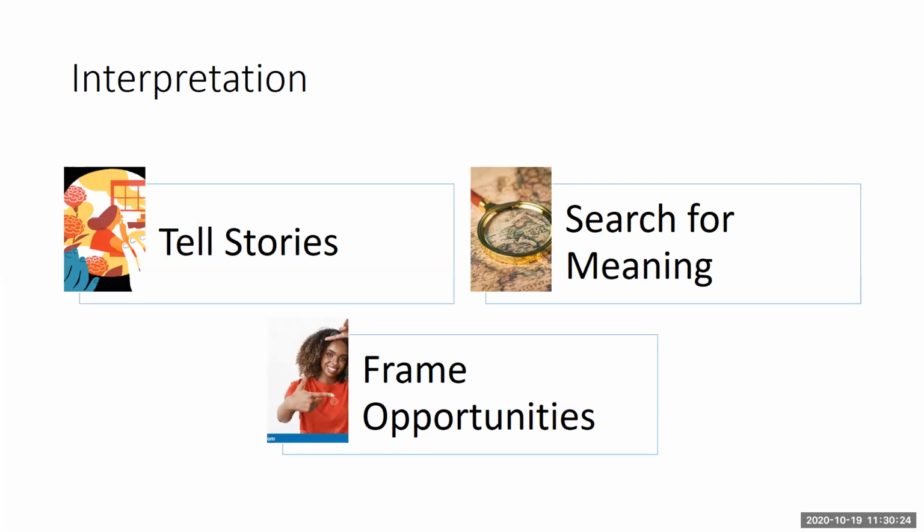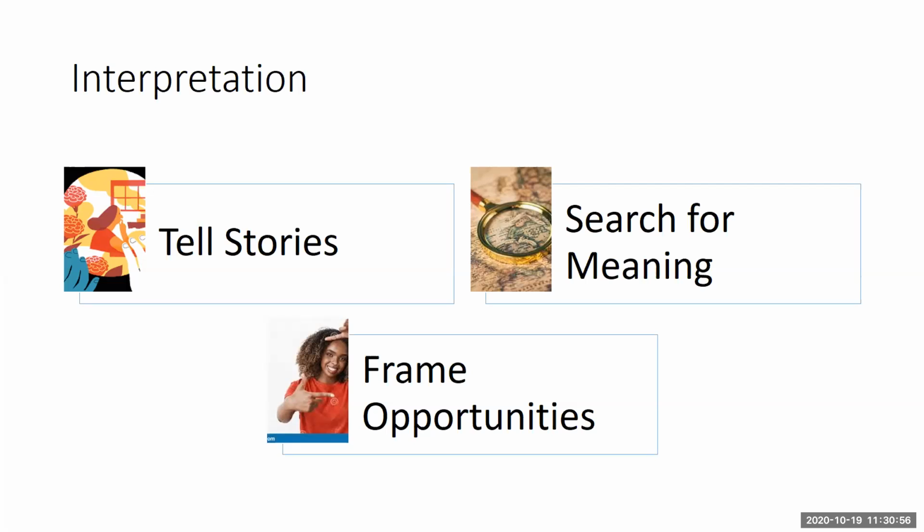Maybe it's that math instruction is not ideal, and you've looked into your local data and you've figured out who that math instruction is working for, who it's not working for, in what ways. You've read some research about math instruction. You've maybe visited another school that solved a problem around math instruction, and you've done empathy interviews with a really diverse group of students to understand how they're experiencing this.